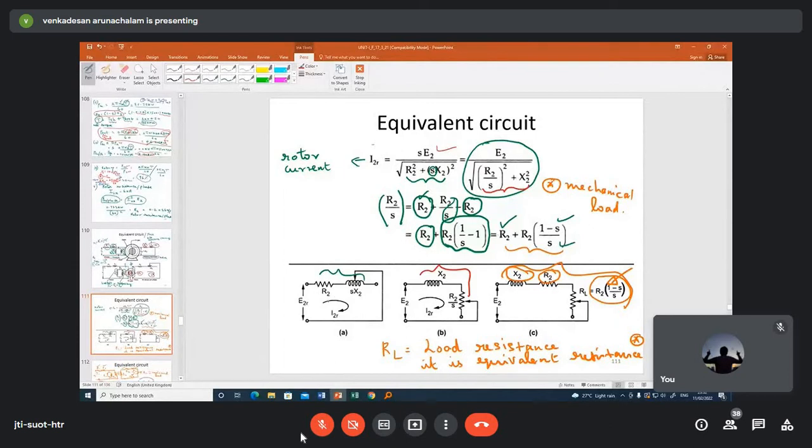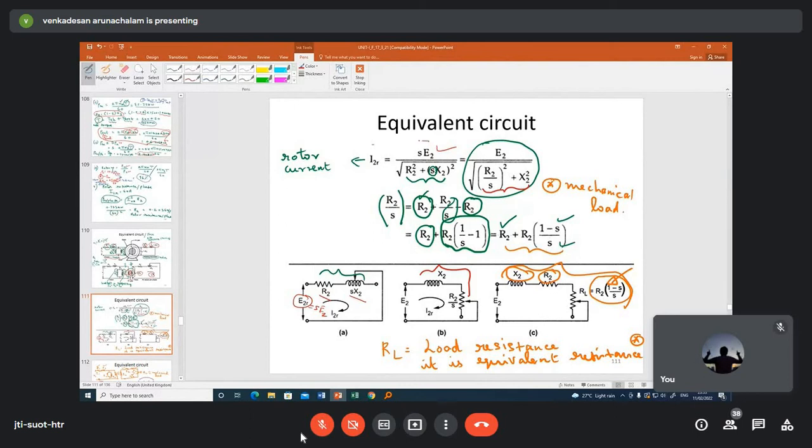So in the rotor-side equivalent circuit with R2, SX2 and SE2, the current can be written as SE2 divided by the square root of R2 squared plus (SX2) squared. It is very much similar to E2 divided by the square root of (R2 by S) squared plus X2 squared.